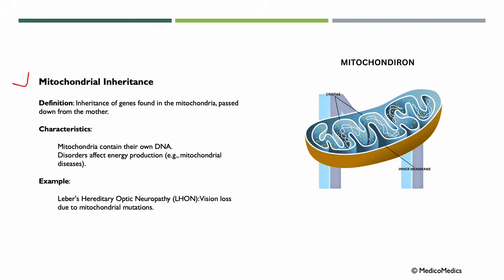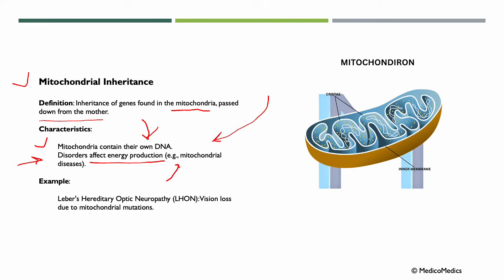Another one is mitochondrial inheritance. So inheritance of genes found in the mitochondria passed down from the mother. And a characteristic of this is that mitochondria contain their own DNA, and disorders here could affect energy production. So for example, we have a variety of mitochondrial diseases.